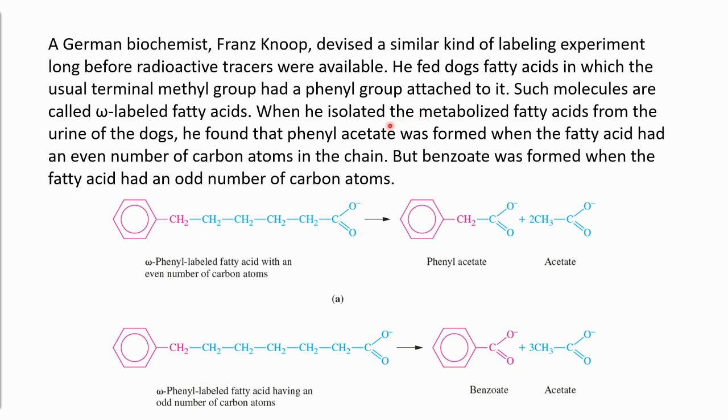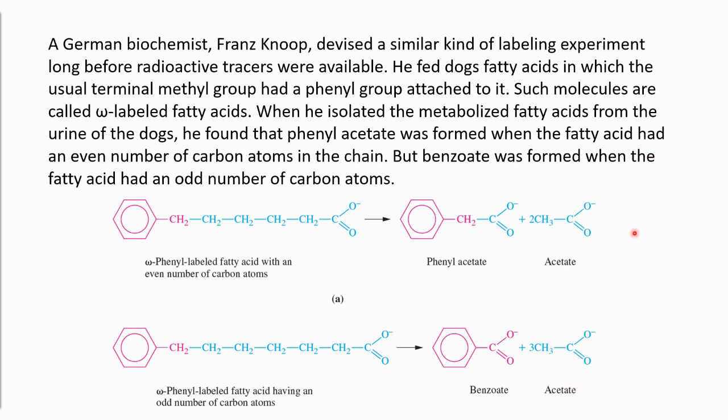And he was able to identify that for even number hydrocarbons, fatty acids, you will actually be forming now phenylacetate and acetate. And for odd numbers, you will be getting benzoate and acetate.